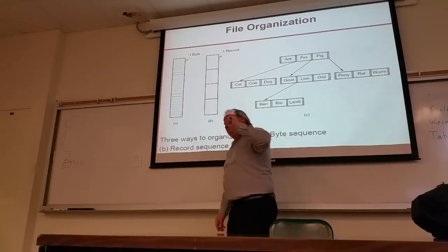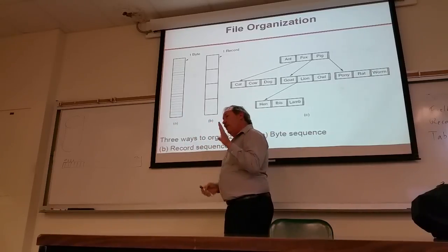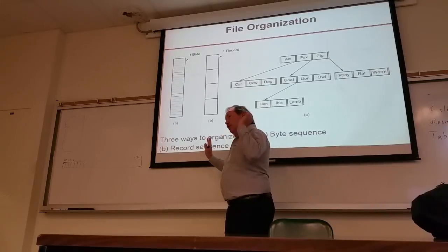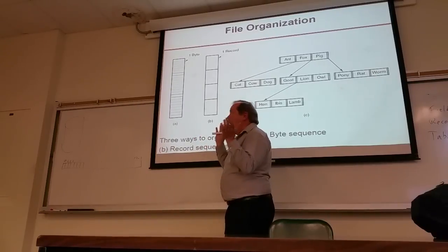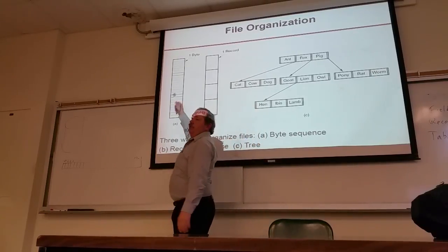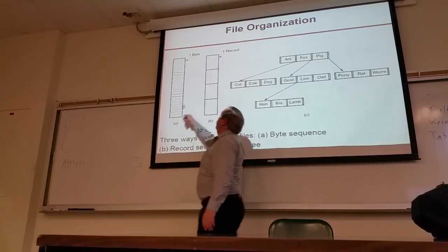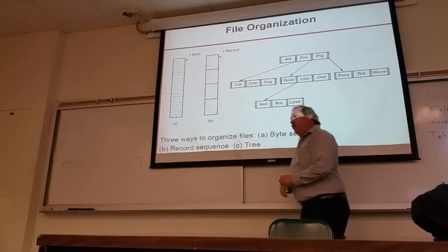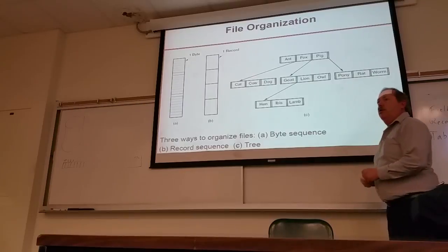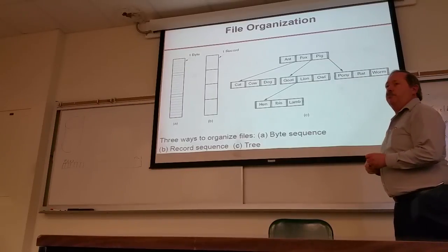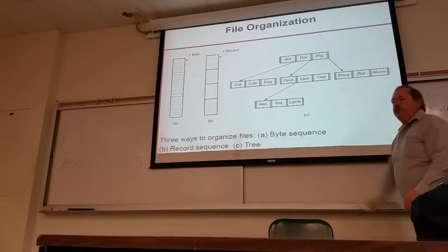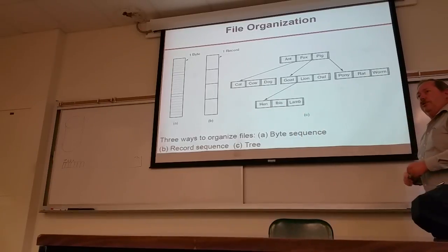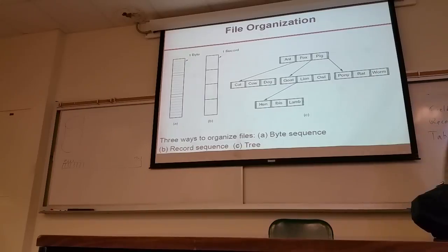And it doesn't do me any good, because every time I do a transfer from my main computer to the file system or the other direction, I'm going to do a whole block transfer anyway. So I'm wasting a lot of resources doing byte addressable, not good. Record addressable, I could do it that way, but then I've got some complex ways of trying to organize all of the files. And we're going to take a look at some alternative ways to do that in a little bit, some more slides.